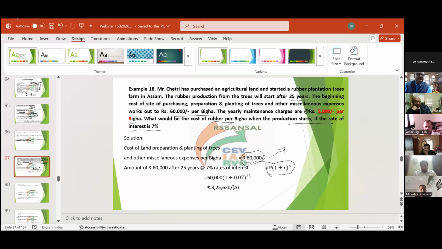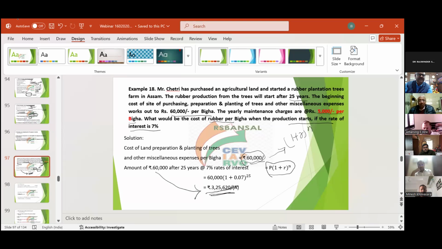You know the formula, you multiply it with 1 plus r raised to power n. So multiply it with 1 plus r, where r is 7%, 0.07, raised to power 25. So this 60,000 after 25 years will be 3,25,620.